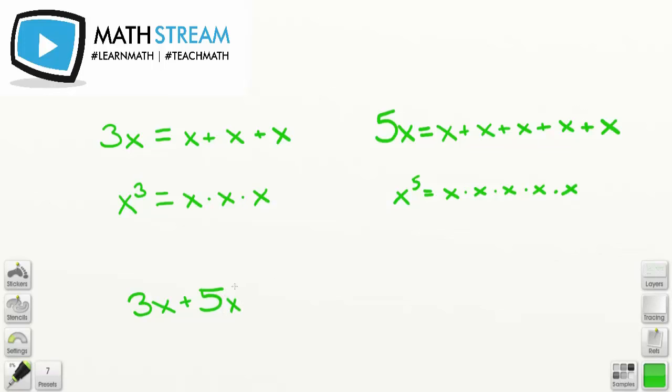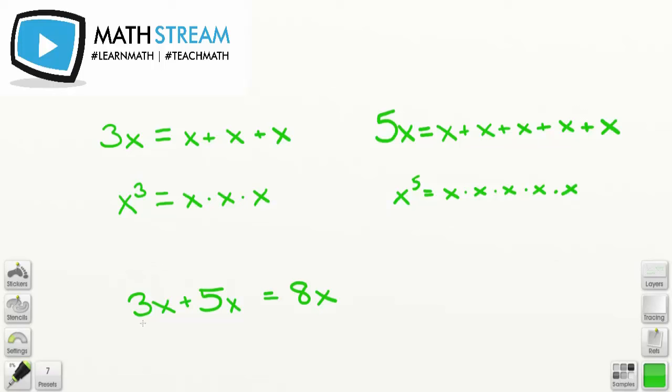You may remember that we can actually simplify that. Simplifying it just means we can write it a little bit more easily by saying that we have 8x. 3x plus 5x equals 8x. Now, just in case there's any of us here who are like, okay, that's great, but why? Why does 3x and 5x become 8x?